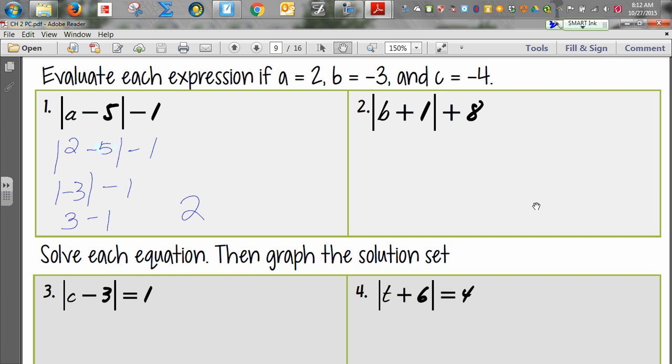Okay, what about number 2? Put a negative 3 in there, plus 1. Negative 3 plus a positive 1 would give you what? Negative 2, absolute value of negative 2 is 2. 2 plus 8, what's that give me? 10.